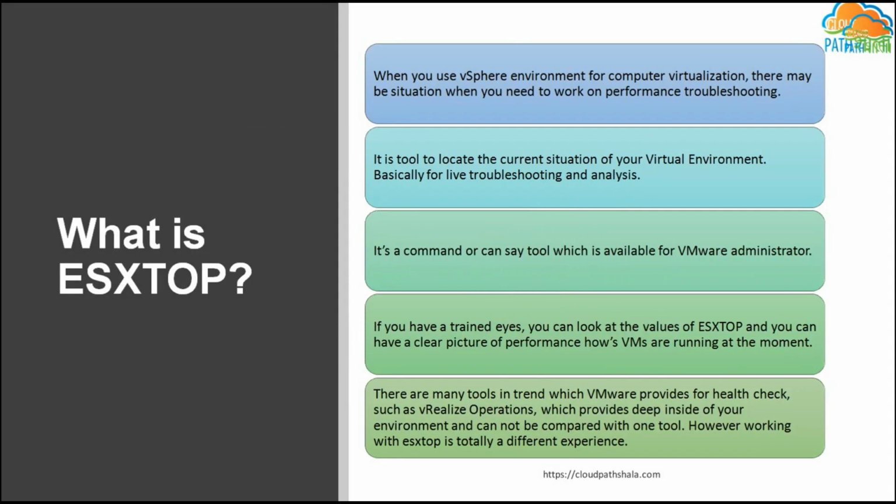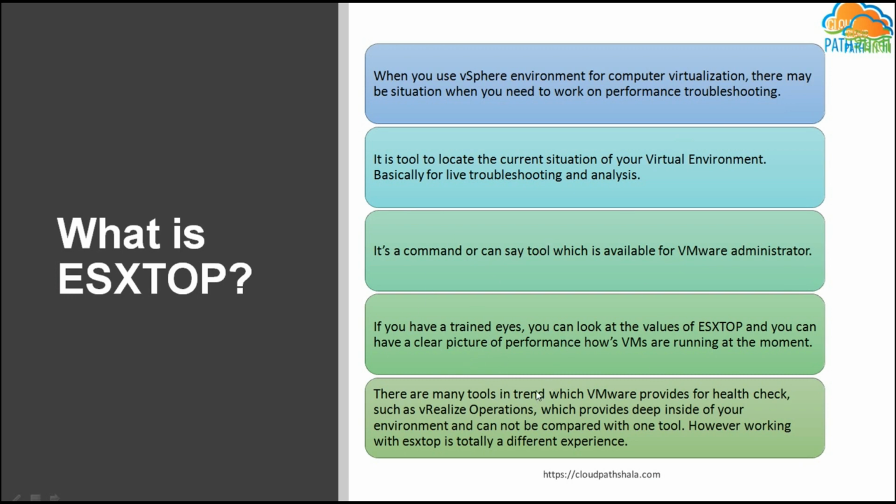ESXTOP is one of the advanced tools that you can use. It's a command line tool, very friendly, very detailed, and the USP of ESXTOP is the real-time output. When you execute it, you see the real-time output of the commands that you execute.